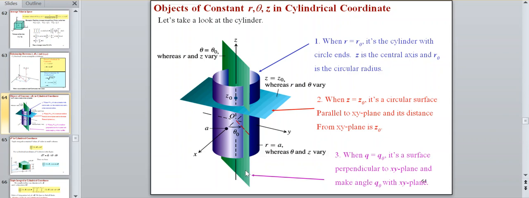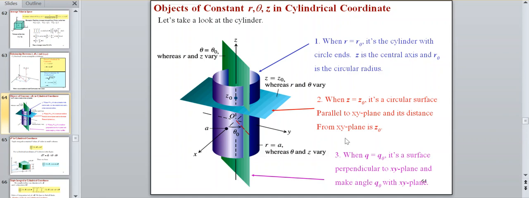In the red color you can see it's a plane passing through the z-axis and making theta 0 angle with the xz plane. Of course this plane is perpendicular to the xy plane. So they say it's a surface, but actually this is a plane perpendicular to the xy plane, parallel to the z-axis, passing through the z-axis and making theta 0 angle with the xz plane.